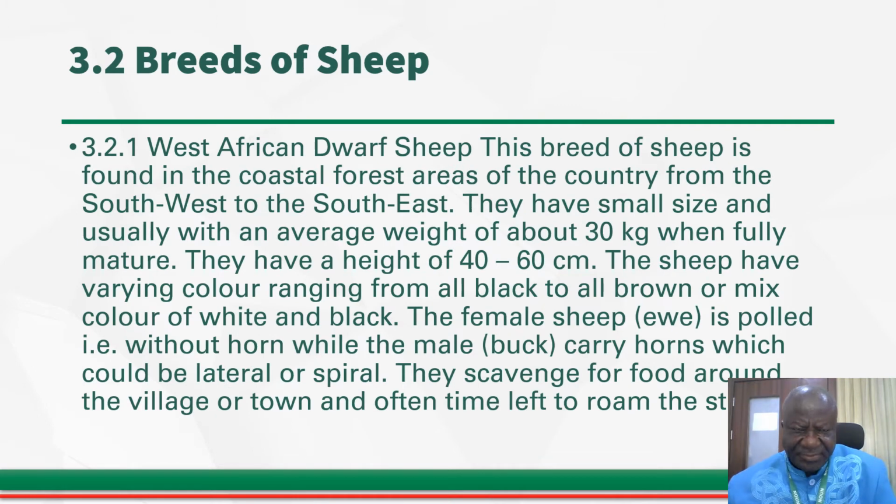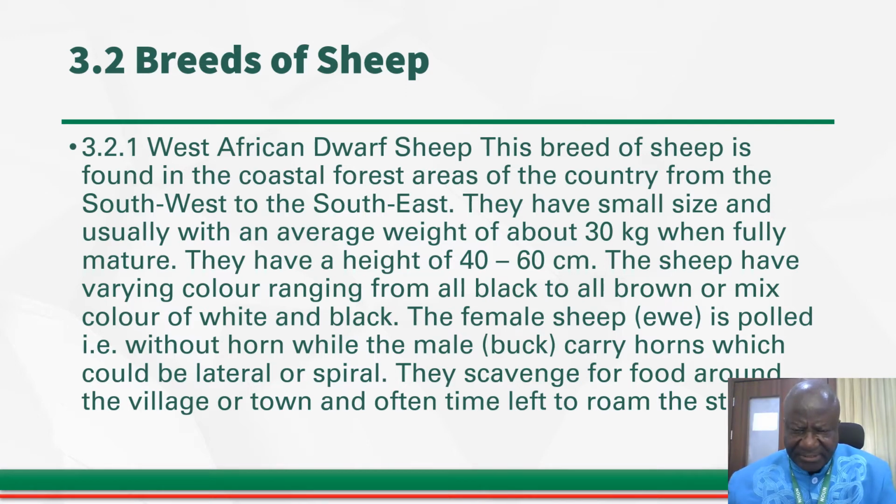This breed of sheep is found in the coastal forest areas of the country, from the southwest to the southeast. They are small in size, usually with an average weight of about 30 kg when fully mature. They have a height of 40 to 60 cm. The sheep have varying color, ranging from all black to all brown or mixed color of white and black.